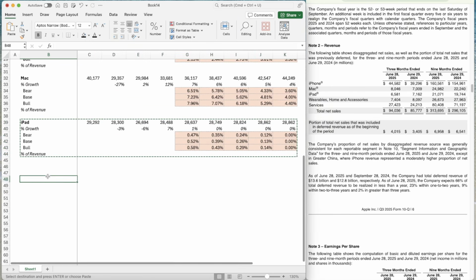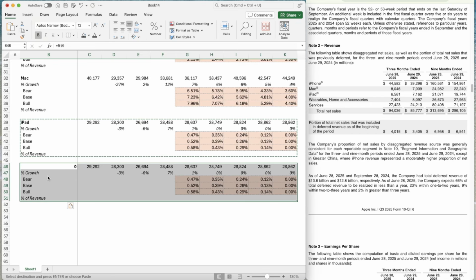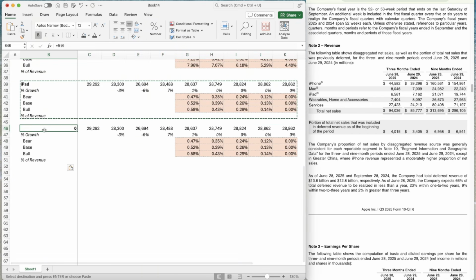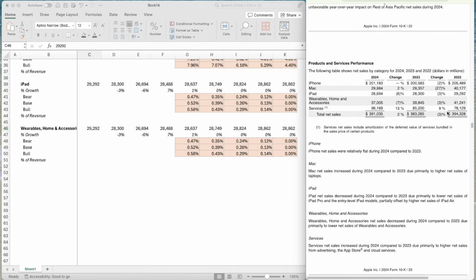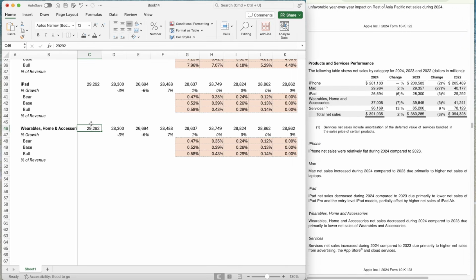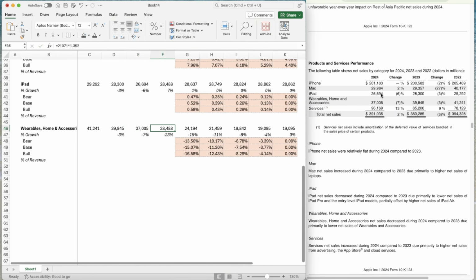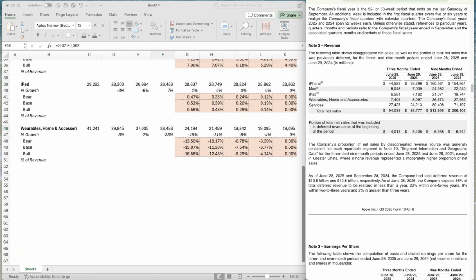Next one, wearables. I think it's B13. Yeah. Oh, yeah. 41,241. 39,845. 37,005. Oh, so these are actually decreasing. I always thought the wearables were going up.